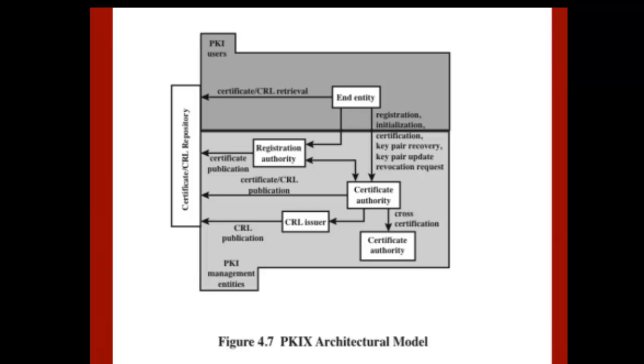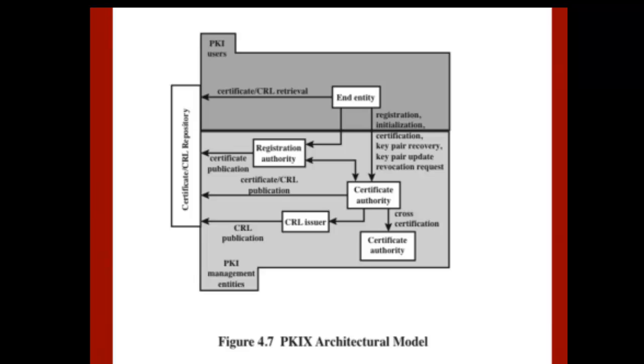And the different elements are the end entity, and that's a generic term used to denote end users, devices, servers, routers, or any kind of entity that can be identified in the subject field of a public key certificate. End entities typically consume and/or support PKI-related services.